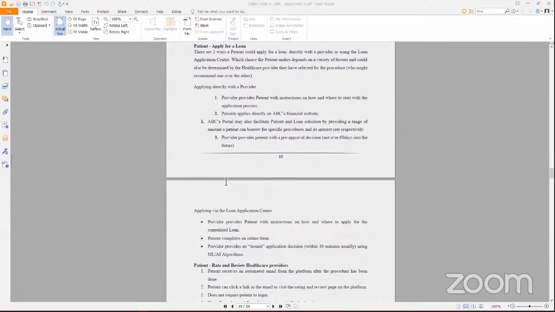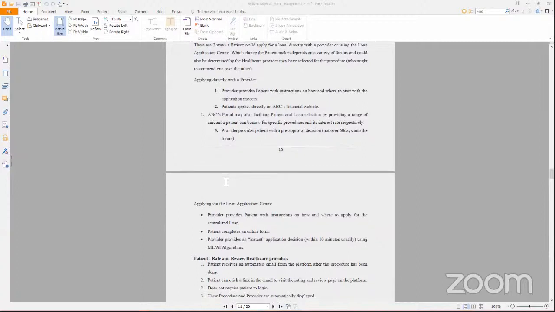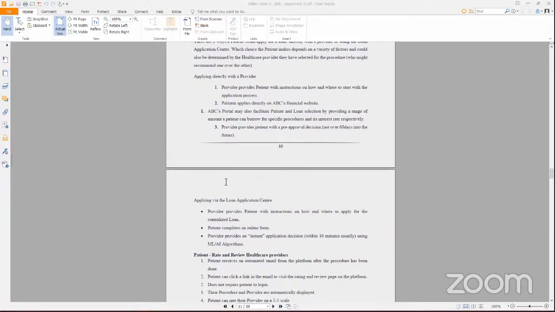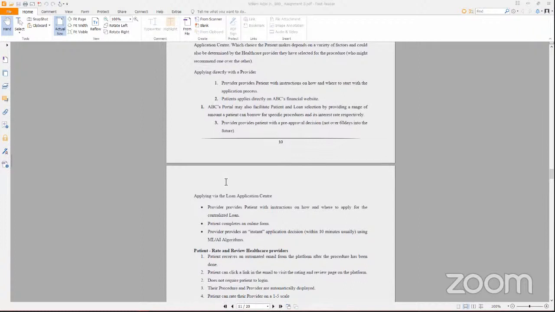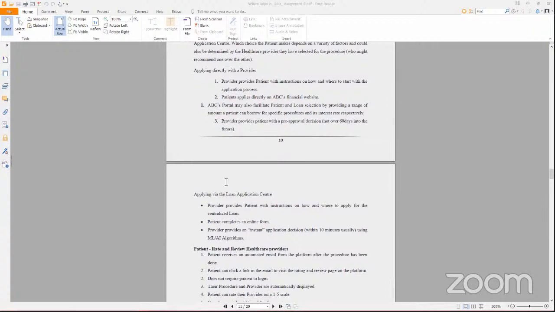ABC's portal may also facilitate patient and loan selection by providing a range of amounts a patient can borrow for specific procedures and their respective interest rates. And the provider gives patients a pre-approval decision, not over 60 days into the future.